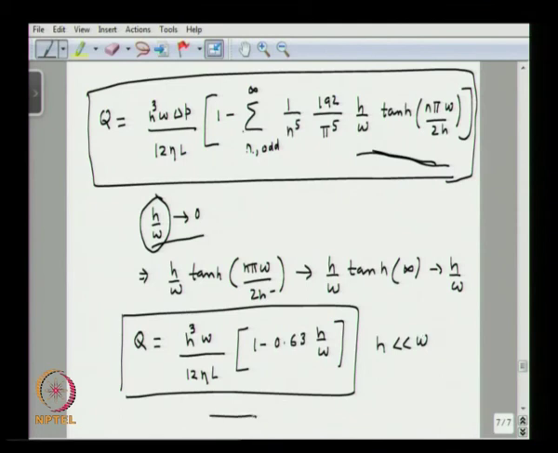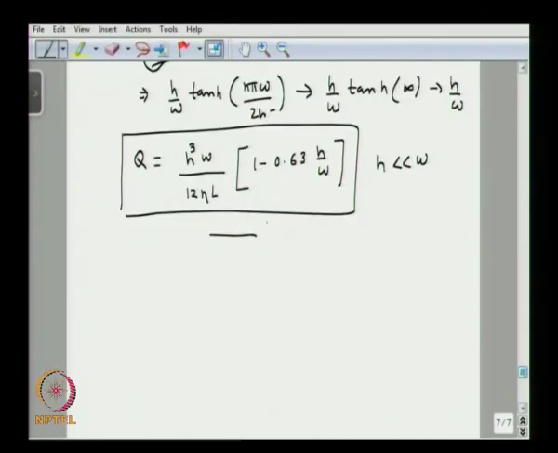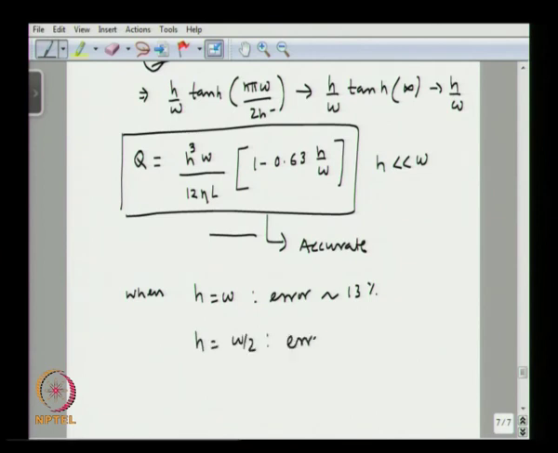Now, surprisingly this simplified expression for the flow rate where the height is less than w is very accurate. When h equal to w, the error is about 13%, and when h equal to w by 2, the error goes down to 0.2%.